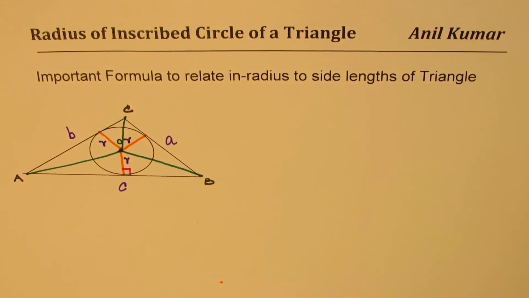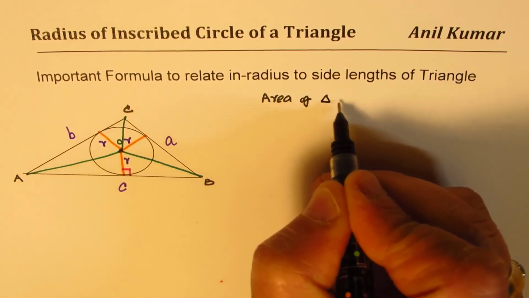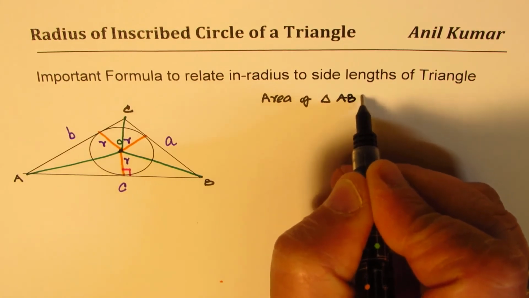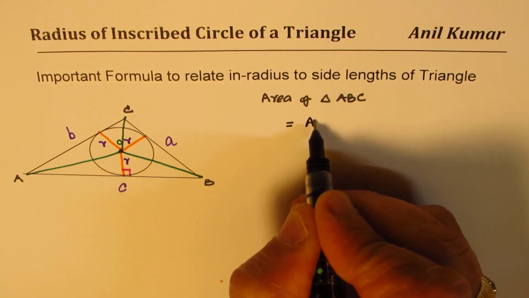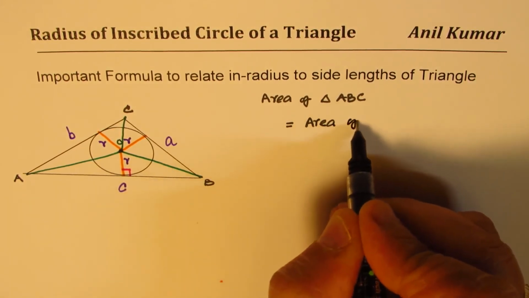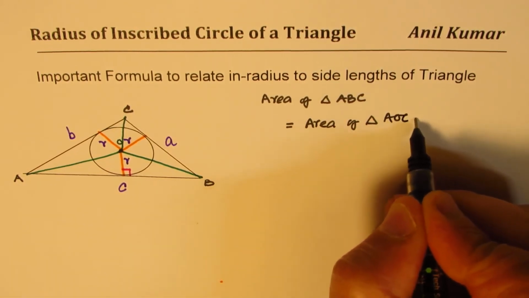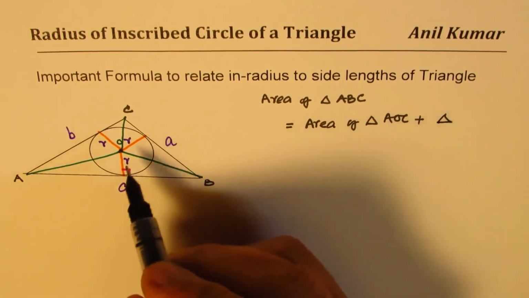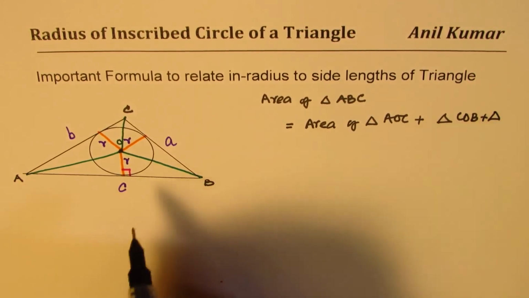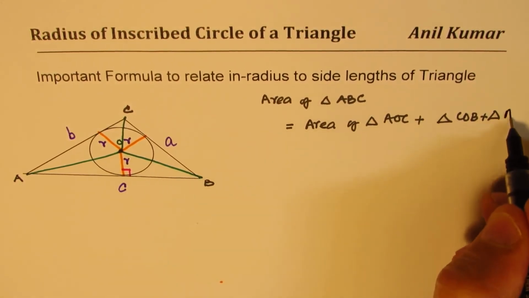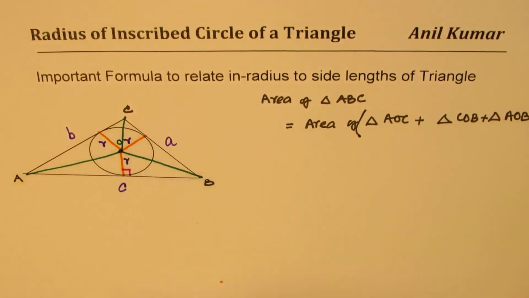Now, we can say that the area of the big triangle ABC is basically equal to the area of small triangles AOC plus triangle COB plus triangle AOB. Right? So the area of all these combined.